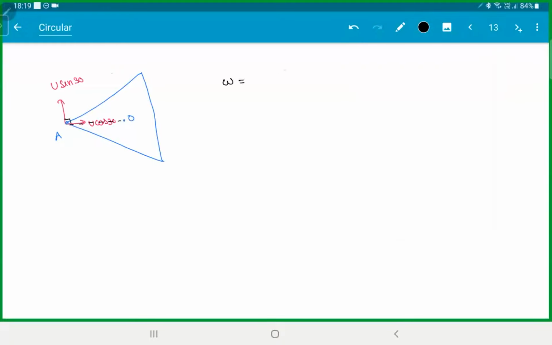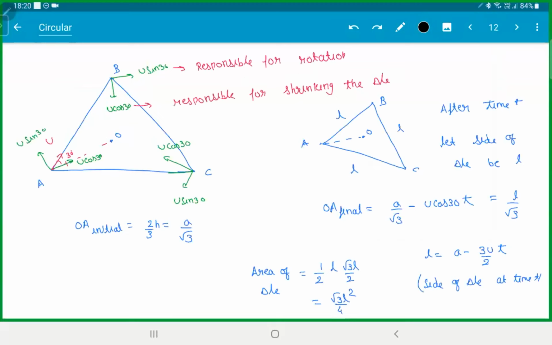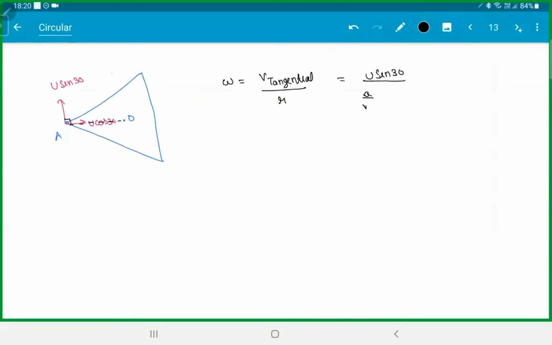Omega is given by the tangential velocity by the perpendicular distance r. So here the tangential velocity is u sin 30 and the distance r will be OA final, which is a by root 3 minus u cos 30 into time. There, this is the angular velocity of the triangle as a function of time t. This is the angular velocity of the line OA.